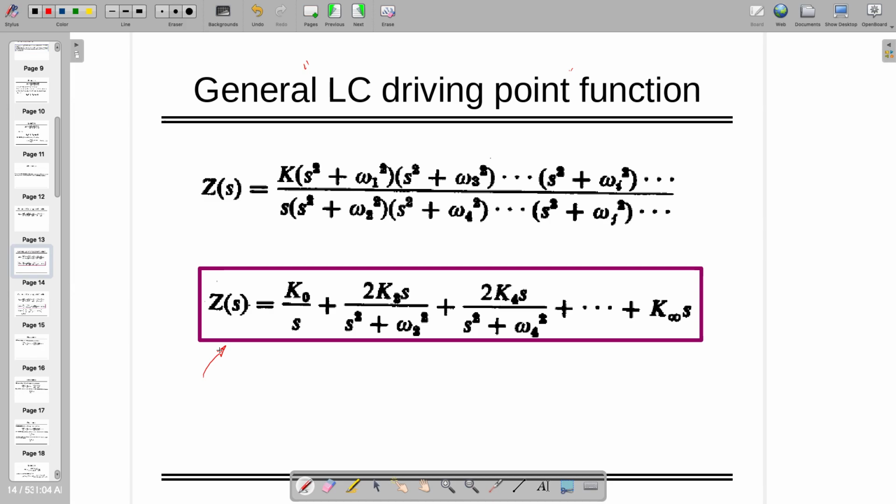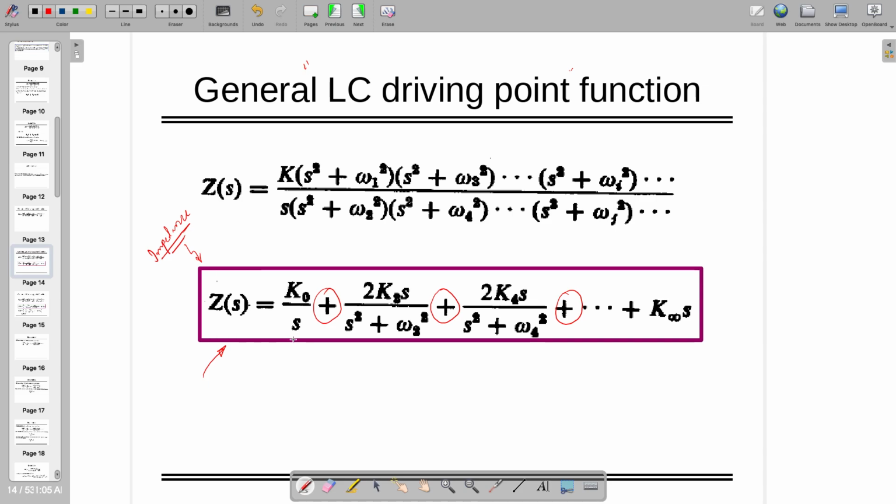So this is one of the forms. It might be many forms, where one of the forms looks like this, where Z of s is the impedance function. If I'm writing everything as an addition, all these additions make sure that all these elements are coming in series.